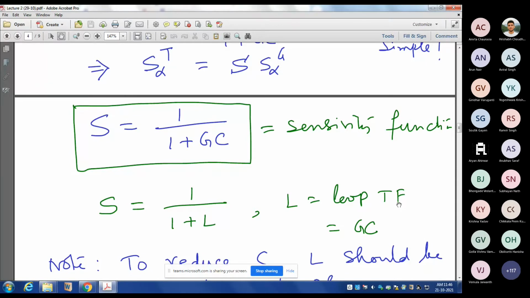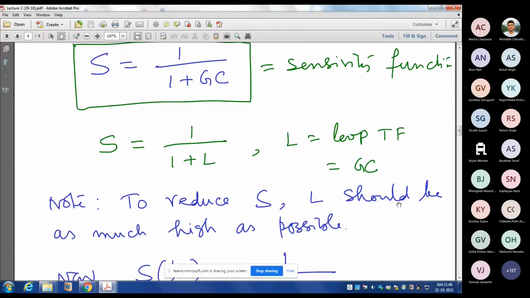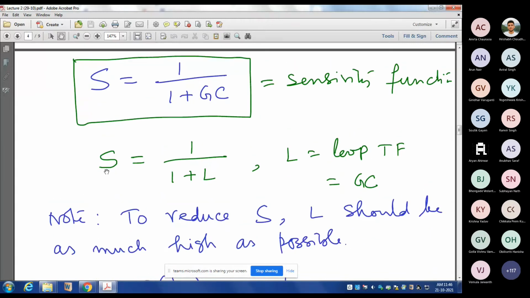Okay. So as I said, if you want to have a good robustness against parameter variation, then S should be as small as possible. So S should be as small as possible means what?